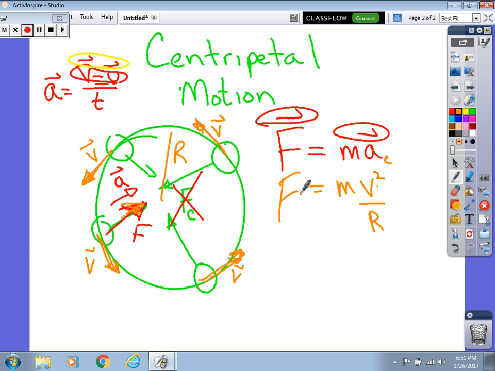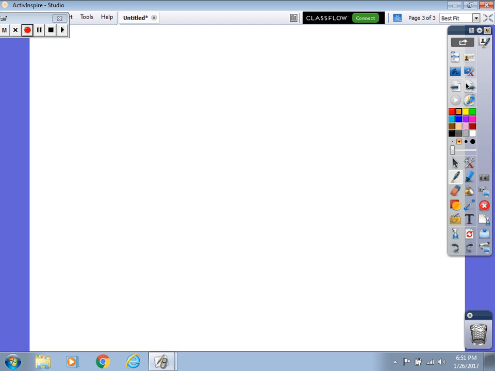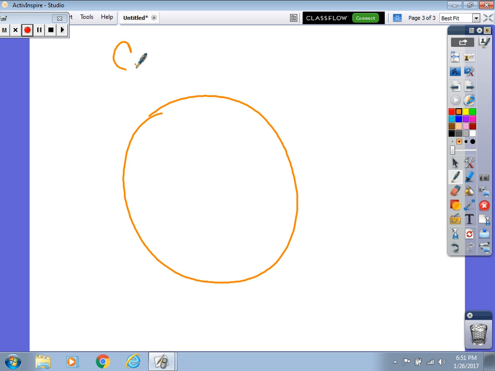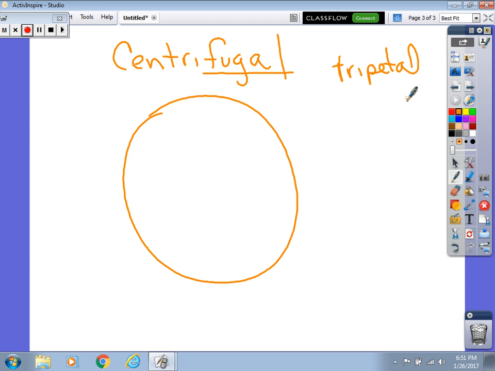One other thing, there is this force that people like to talk about that is the ultimate F word in physics, and that word is centrifugal. And this is about the only time you'll hear me curse, right? Centrifugal, notice that is not centripetal.